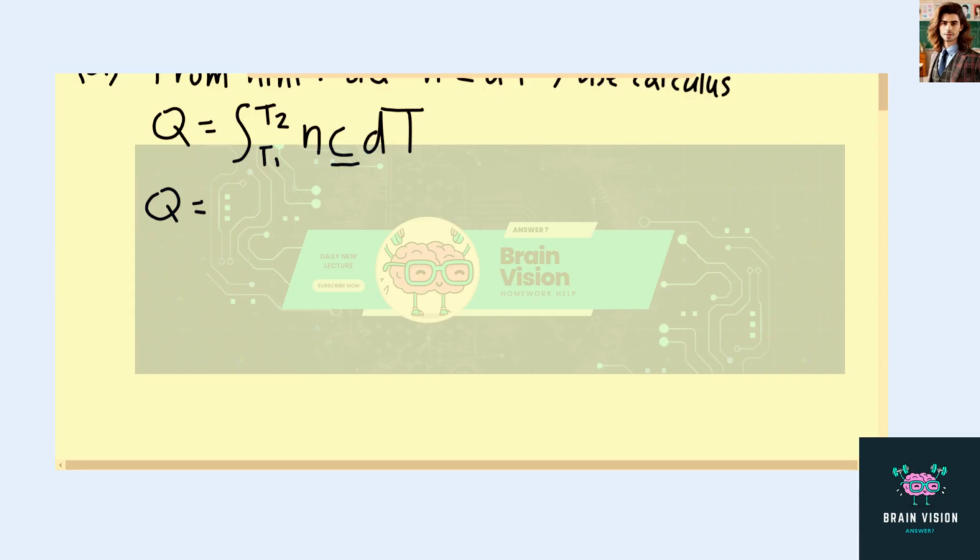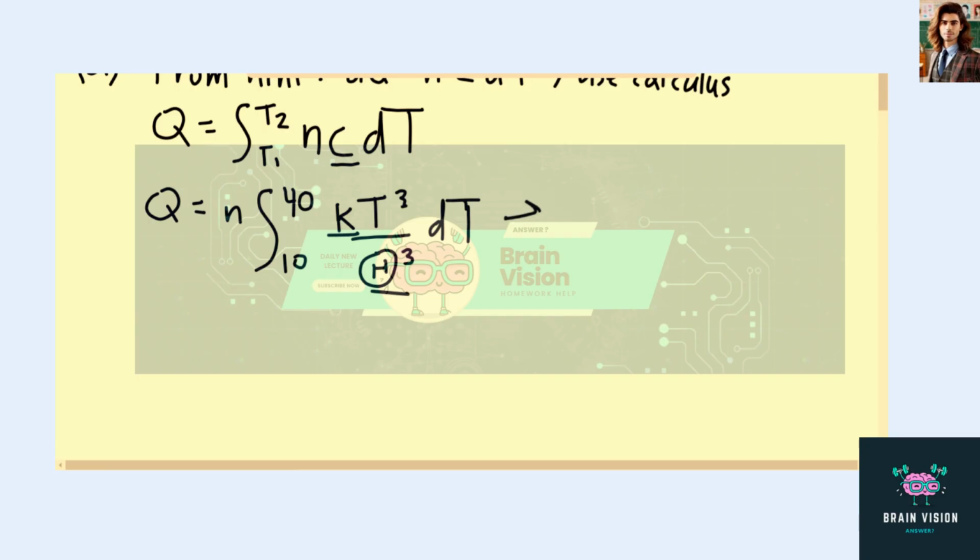Since it has nothing to do with T, we'll bring it out of the integral. It's from 10 to 40 Kelvin. We know C is K T cubed over theta cubed dT. K and theta are just numbers that will come out of the integral, so our integral is pretty straightforward.